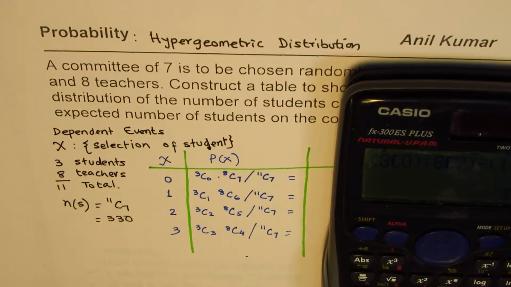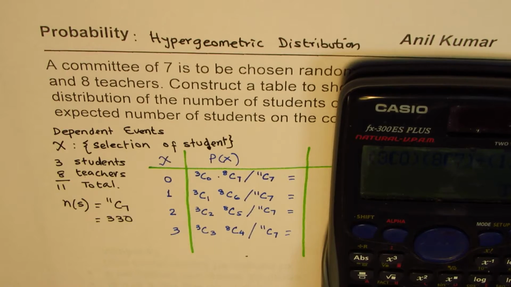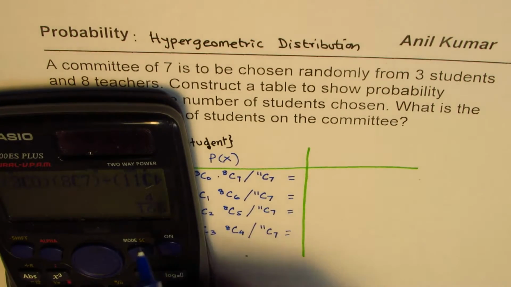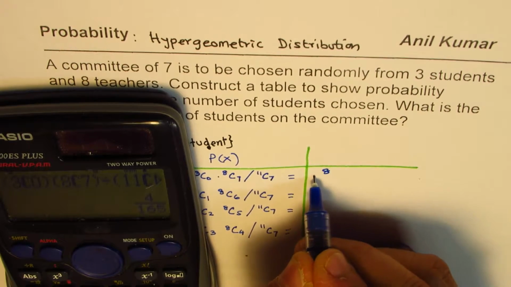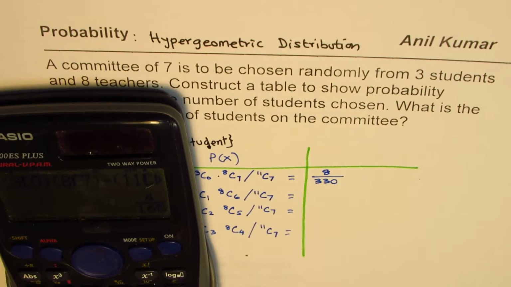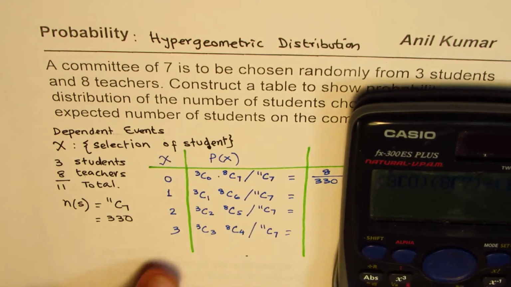Now I would have preferred to write it as 8 over 330. The reason is it becomes easier to add. So 4 over 165, I'll write this as 8 over 330. I'm just multiplying by 2. I don't really want to write in that form. Anyway, let's do the next one.